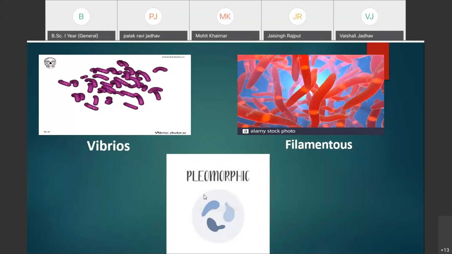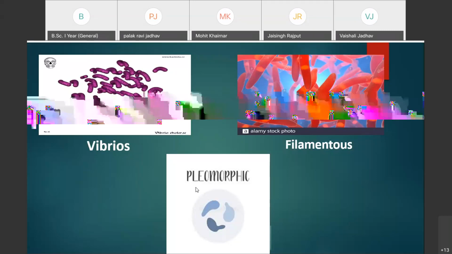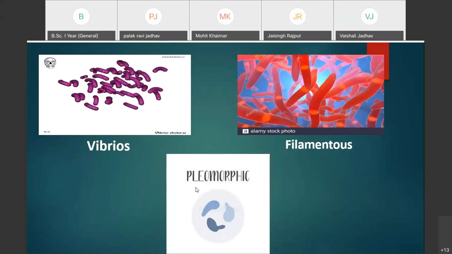And the third one: some of the bacteria are pleomorphic. Pleomorphic bacteria are capable of changing their shape and size temporarily in response to changes in the surrounding environmental conditions.